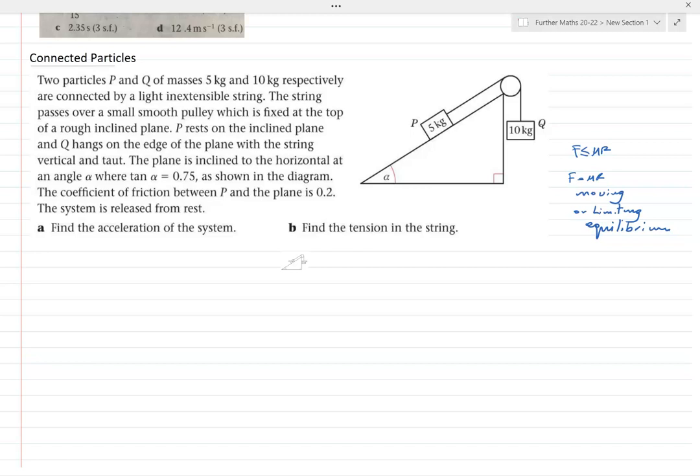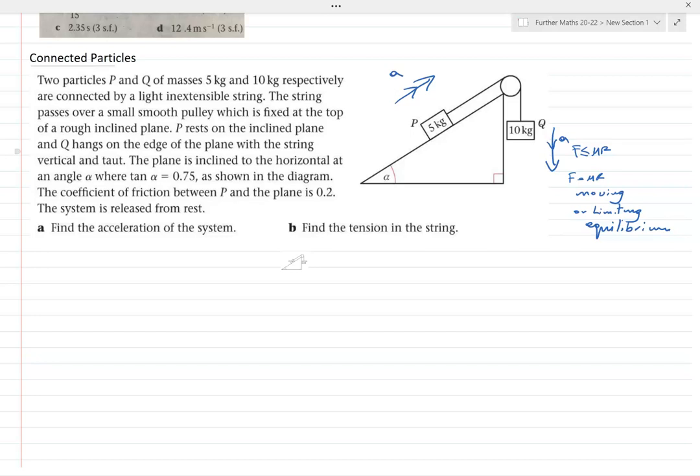Now in this situation, it's fairly clear, I would think, that it's going to accelerate this way because of the 10 kilogram force downwards. If you get it wrong for some reason, you're just going to get a negative answer, but it's fairly clear acceleration is going to go that way.